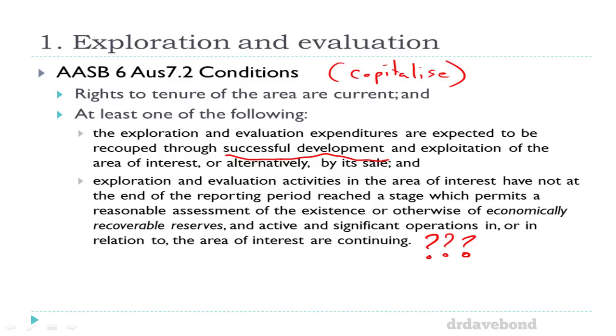Under that is seen as something which you cannot capitalize, because the probability of success is so far out, they say you can't. How is research different from going out and drilling holes in the middle of the outback? Because that, you're searching for something, and you don't know if you're going to find something, but yet you're allowed to capitalize that. So it's actually what I would consider two very similar situations being treated very differently.